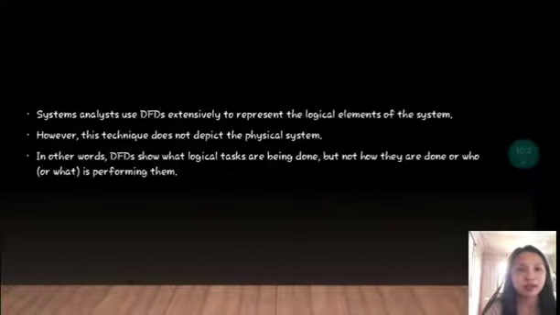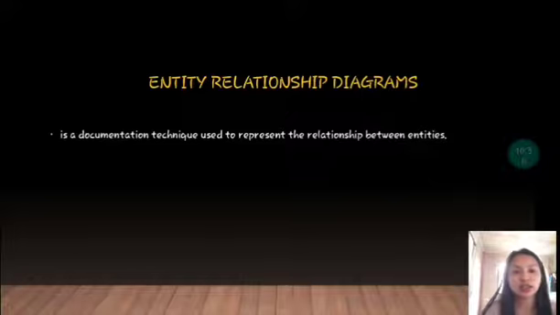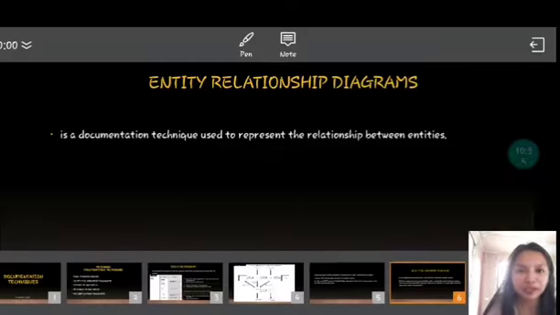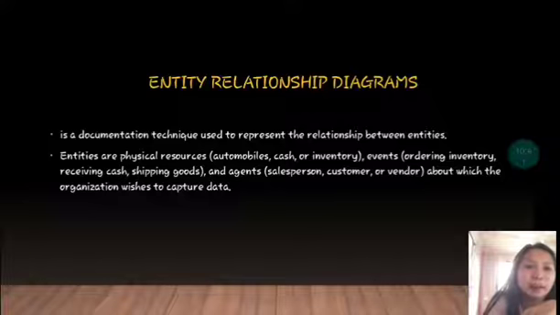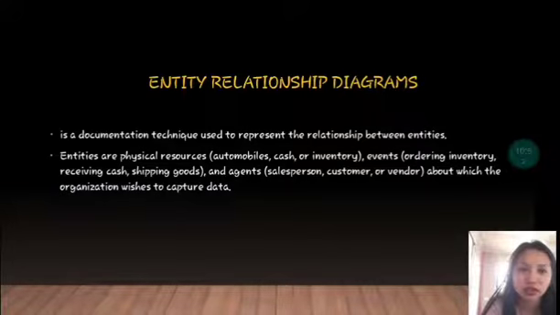And next, we have the entity relationship diagram. This is a documentation technique used to represent the relationship between entities. The entities can be either physical resources, like automobiles, cash, or inventory, or events, like ordering inventory, receiving cash, shipping goods, or agents or persons, like a salesperson, customer, or vendor, about which the organization wishes to capture data.